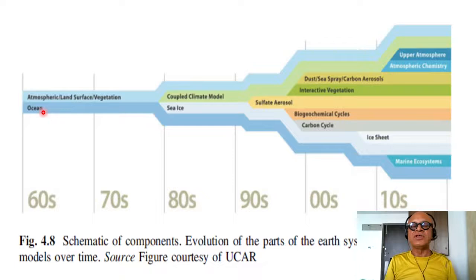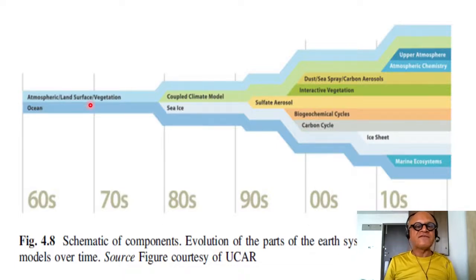Often it's advantageous to use isopycnals, or constant density layers, as a coordinate. Similar things exist in the atmosphere to take care of the orography and so on. That's called a sigma coordinate, but let's not go into those details here.